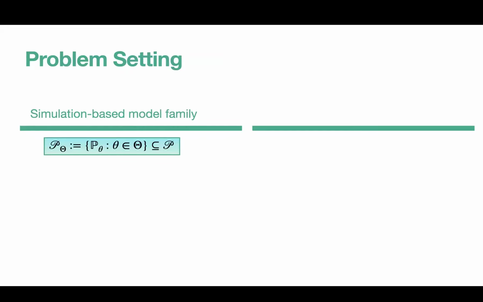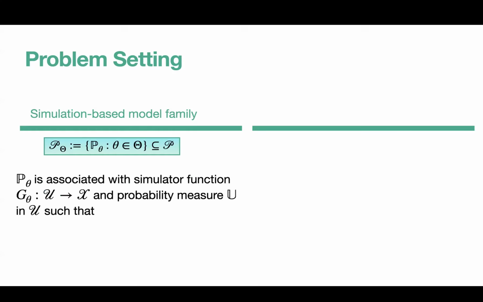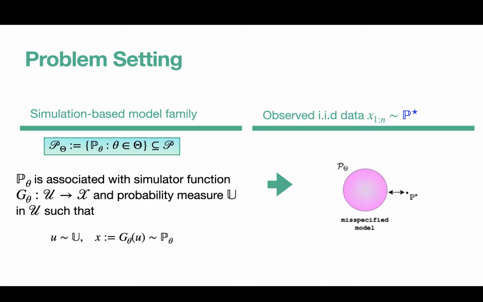A bit more specifically, just to remind you of notation, P theta indexes the simulator model in this case. Mathematically, a simulator model means that in order to sample from P theta, you sample from a base measure U, which is usually easy to sample from, and then map it through a simulator function. Again, we assume IID data, and we don't want to make the well-specified model assumption.